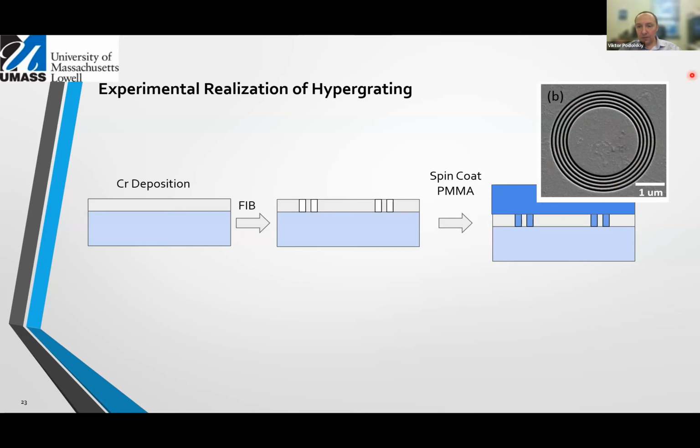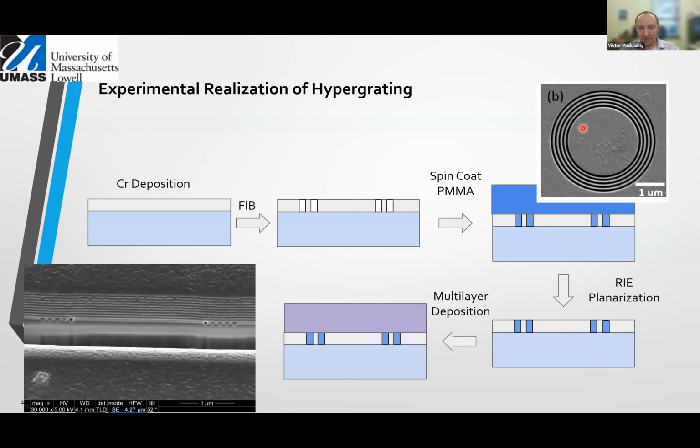So now we have the hypergrating set up. We remove the top PMMA layer and deposit metal-dielectric multilayers, and we use titanium oxide and silver as our dielectric and metal layers. You can see that this is the cross-section of the device.